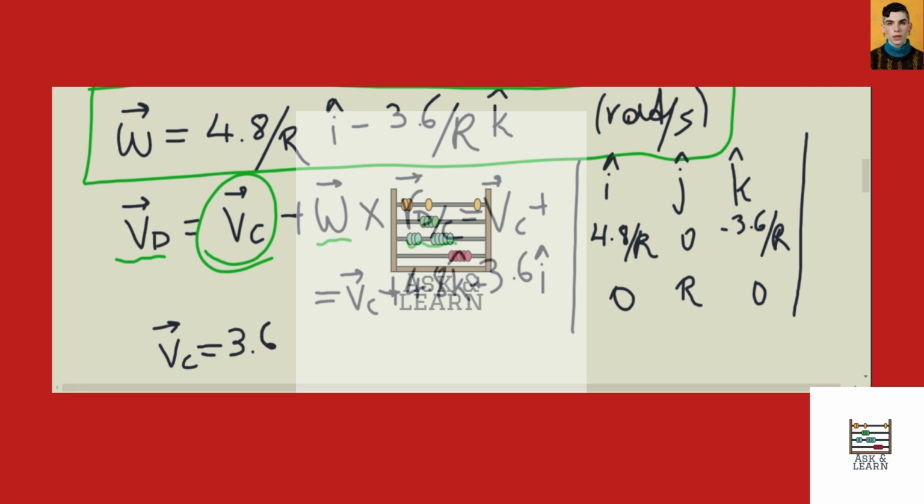And this gives us 3.6 i hat plus 4.8 k hat. And that's it.